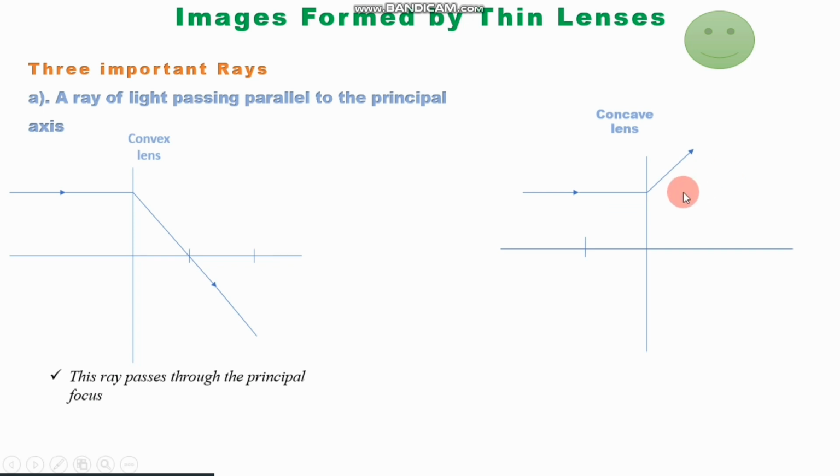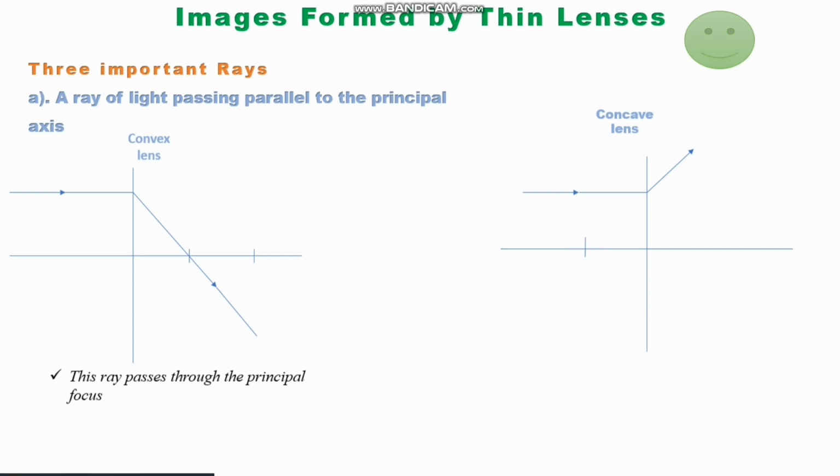However, we cannot guess the direction that this ray faces. One of the important properties is that this ray should appear to be coming from the principal focus. If we produce a line backwards, this line will join the principal focus.